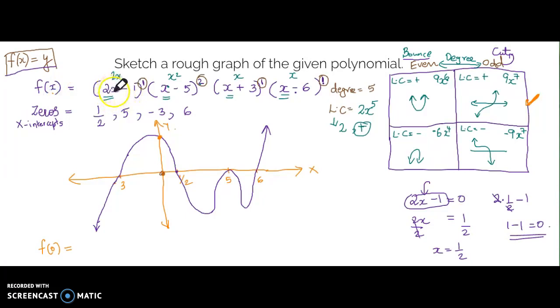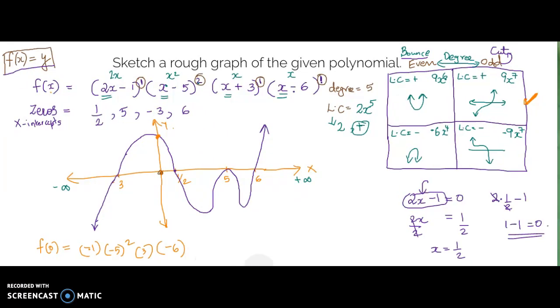So here, if x is 0, 2 times 0 is 0, minus 1 is just negative 1. If x is 0, we get negative 5 to the second power. If x is 0, we have a 3. If x is 0, we have a negative 6. So all we have to do is multiply these numbers. We get where the graph is going to touch the y-axis.